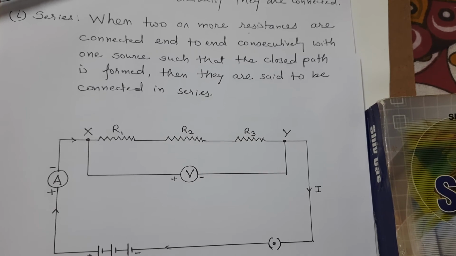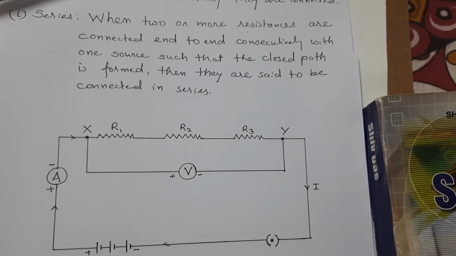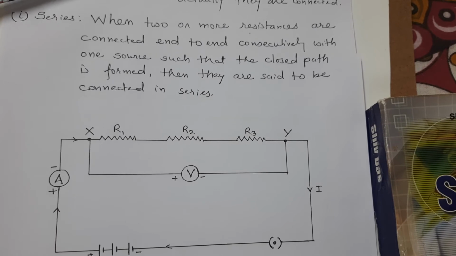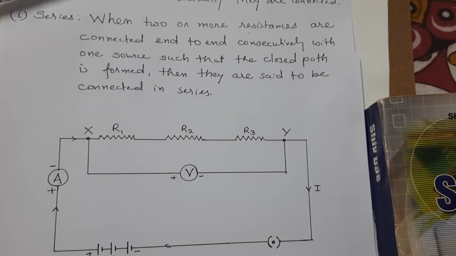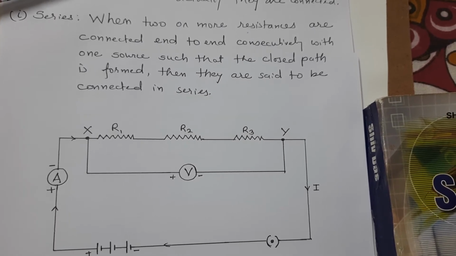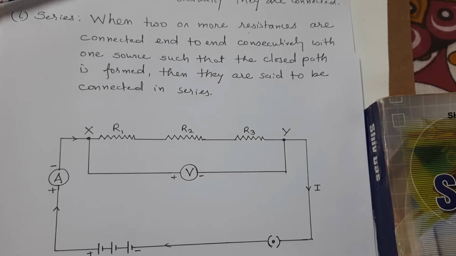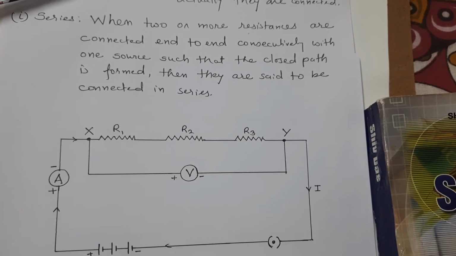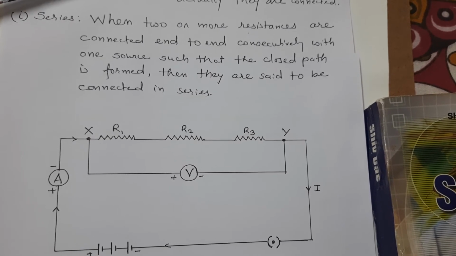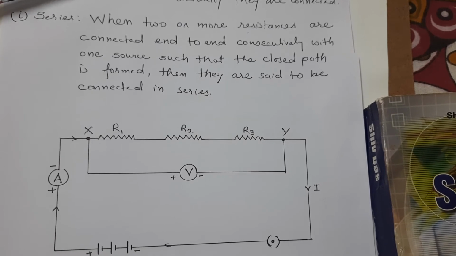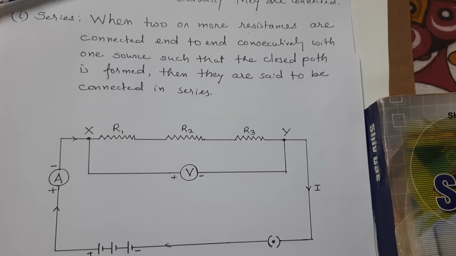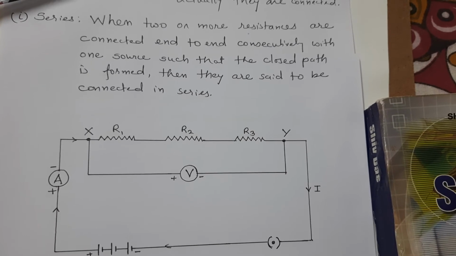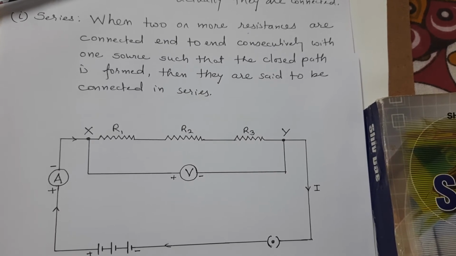Voltmeter is connected in parallel. And ammeter is the meter that measures electric current. So ammeter is connected in series. Earlier we have already said that ammeter is always connected in series and voltmeter is connected in parallel. So this is a diagram showing how resistors can be connected in series. We will be discussing this particular diagram once again.